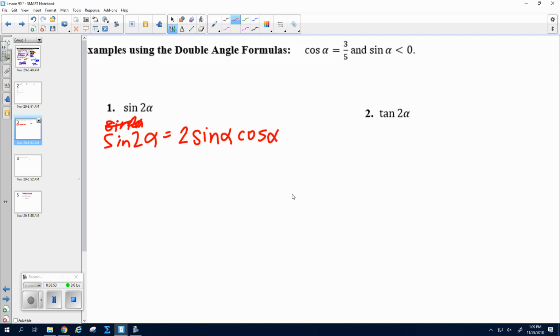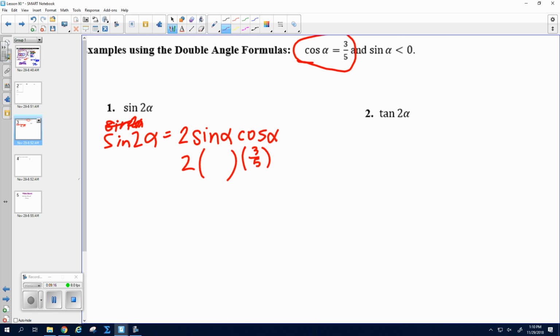Now I know one of those because they actually just tell us cosine alpha is 3/5, right? So here's cosine alpha. I can replace it with 3/5. What I don't know just by looking at that top part is sine alpha, but this tells us what quadrant we're in, and we can draw a triangle.